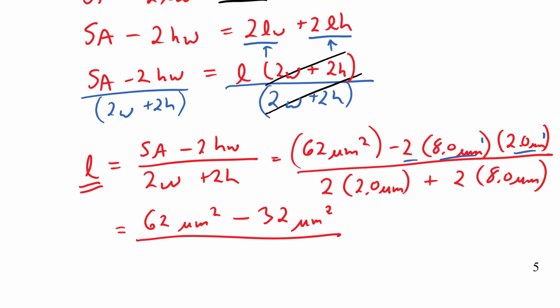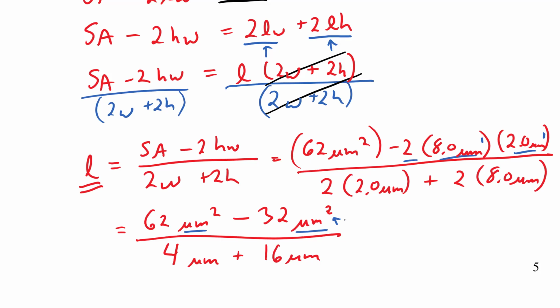On the bottom here now, 2 times 2 is 4 micrometers, plus 2 times 8 is going to be 16 micrometers. Let's collect like terms. On the top I have like terms. Notice it was important that this became squared. We can only collect these terms together if they are like terms.